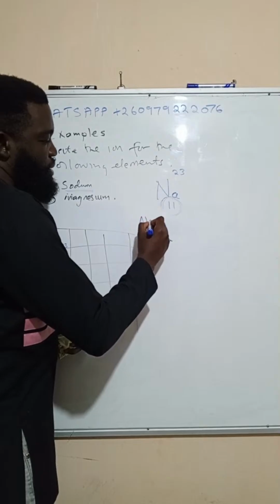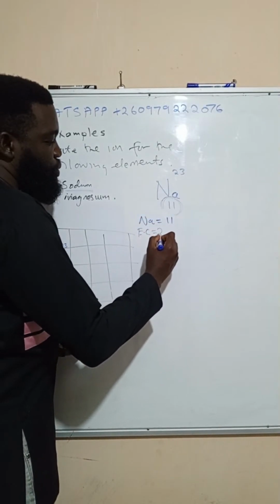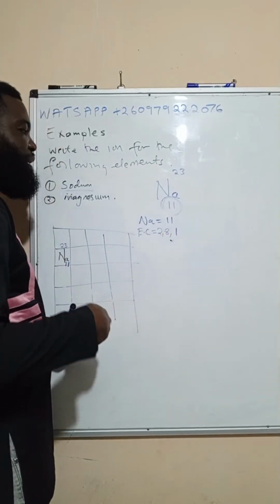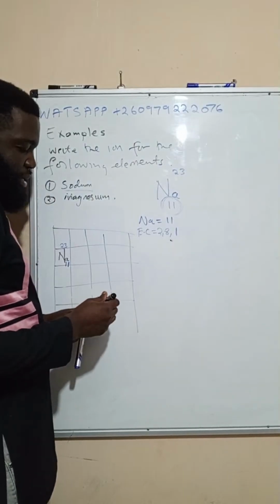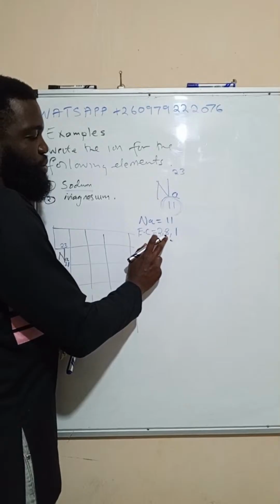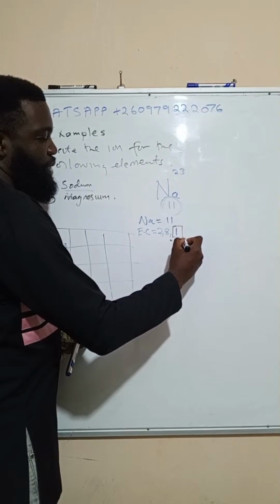Sodium is number 11, 2,8,1. So you check the last number. This is the first shell with 2, the second shell with 8, the last shell. You check the last shell, this one.